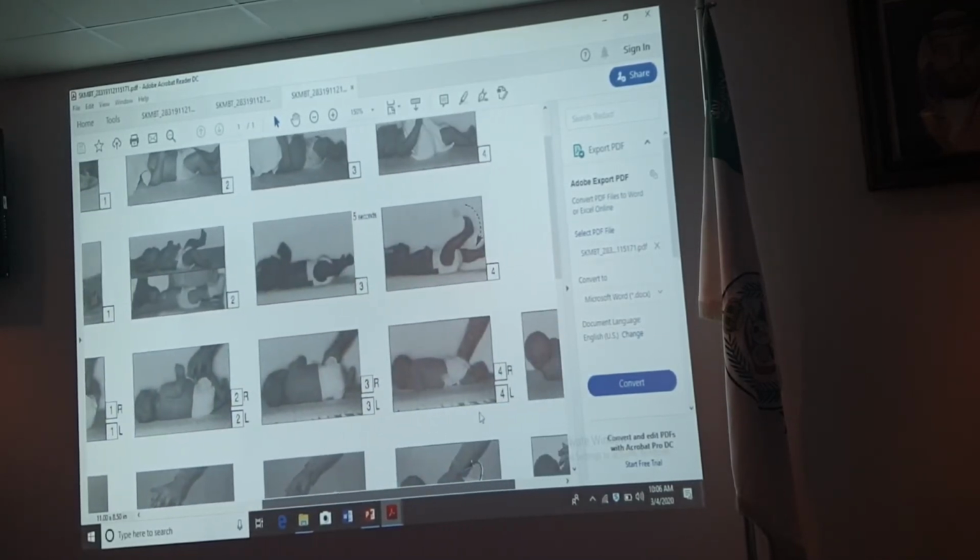Then look at the arm here. Over here you see the arm is close to the stomach, observe. Here the arm has moved above the stomach. The hand is here, near the stomach, right?